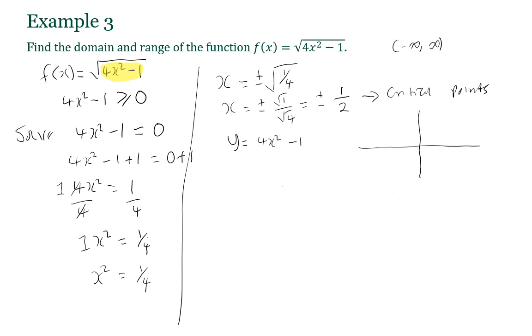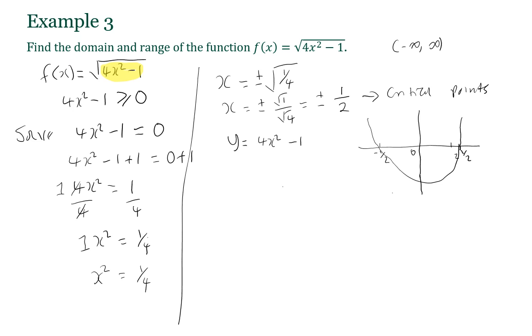Maybe this is 0, this is 1 over 2, this is minus 1 over 2. The curve should intersect the x-axis at 1 over 2 and minus 1 over 2.